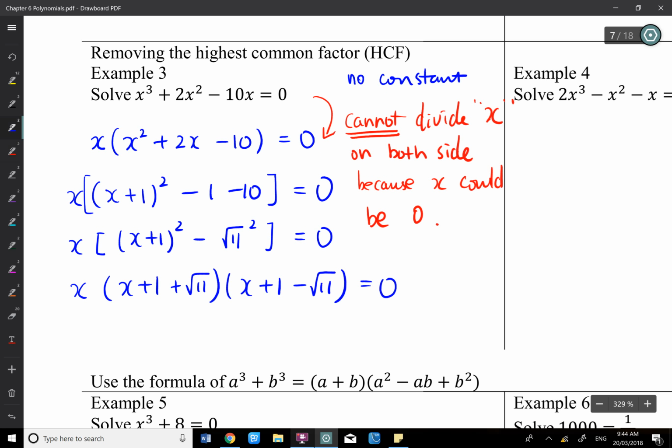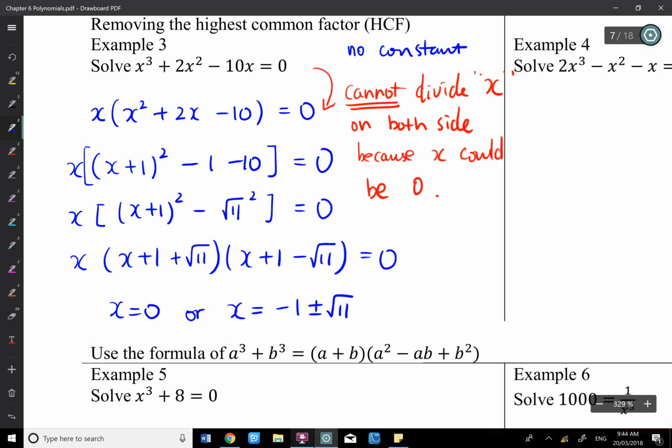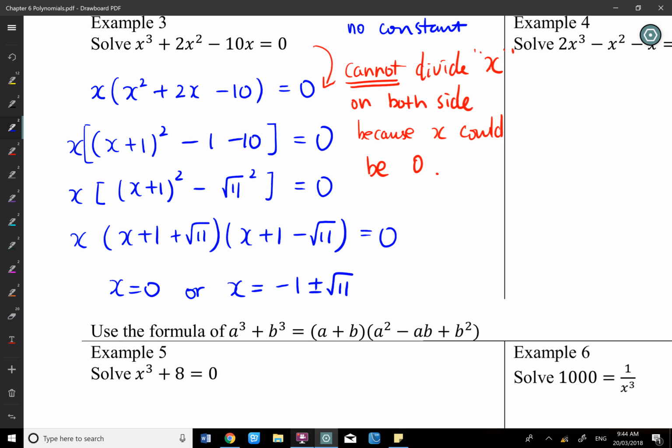So what we have in this case is x equals to 0 or x equals to minus 1 plus minus root 11. Okay, the two brackets, minus 1 plus minus root 11.